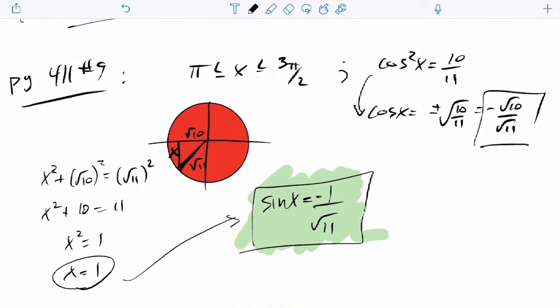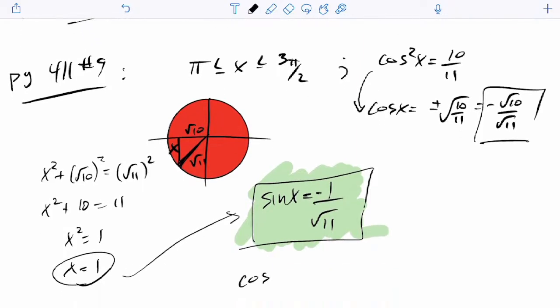And then you can go ahead and solve for cos of x, which, oh, they already gave us cos of x, did they not? Yeah, we know what cos of x is. That's 9a. Now 9b, they want the sine of 2x. That's just 2 sine x cos x.